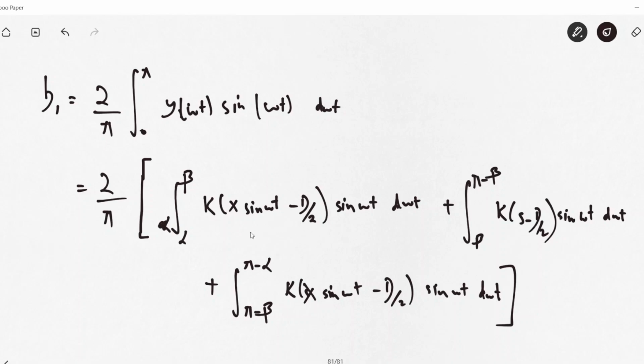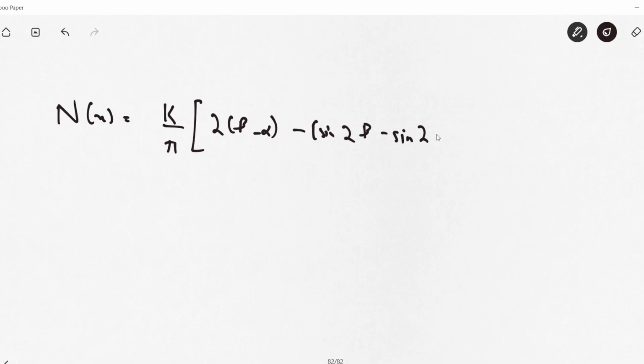So you need to multiply these terms, then sine square omega t will be 1 minus cos 2 omega t divided by 2, and substituting for alpha equal to sine inverse of d by 2 by x, and beta equal to sine inverse of s by x, you will get Nx equal to k by pi [2 beta minus 2 alpha minus sine 2 beta plus sine 2 alpha].